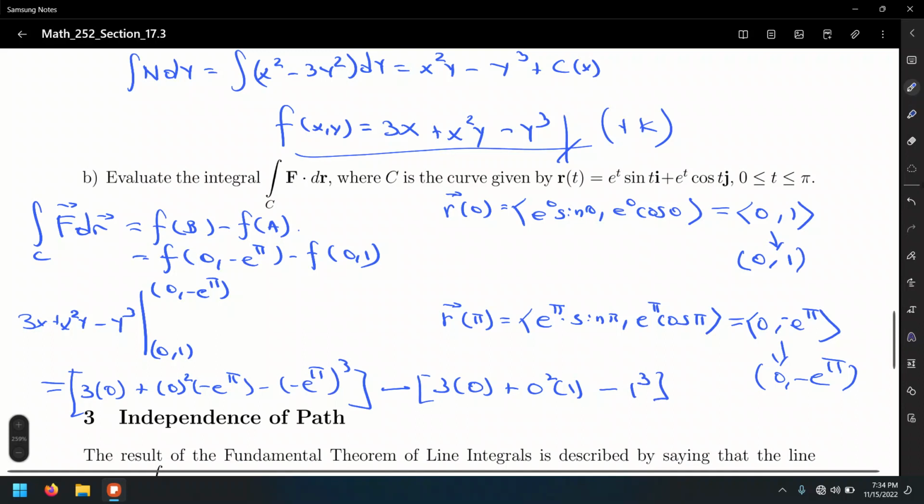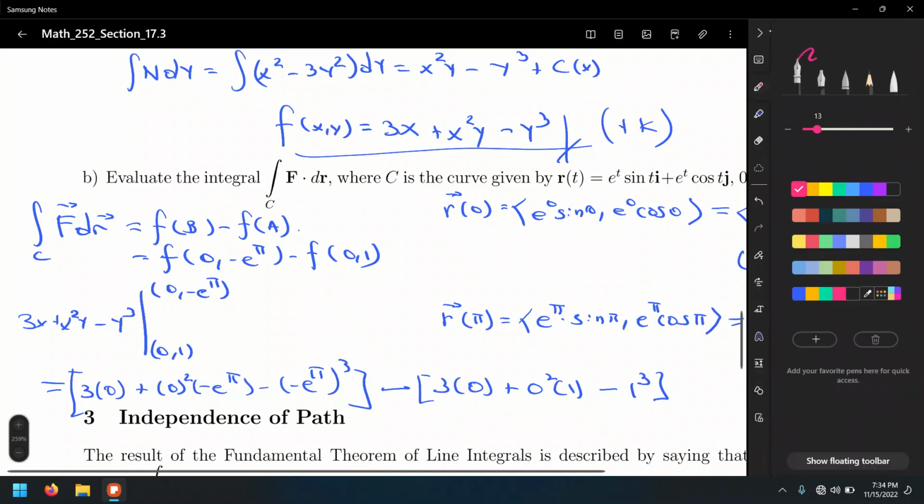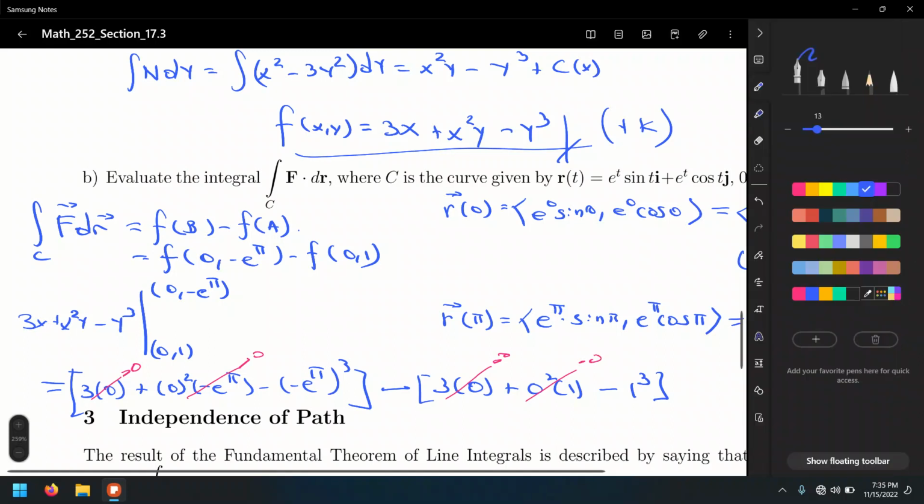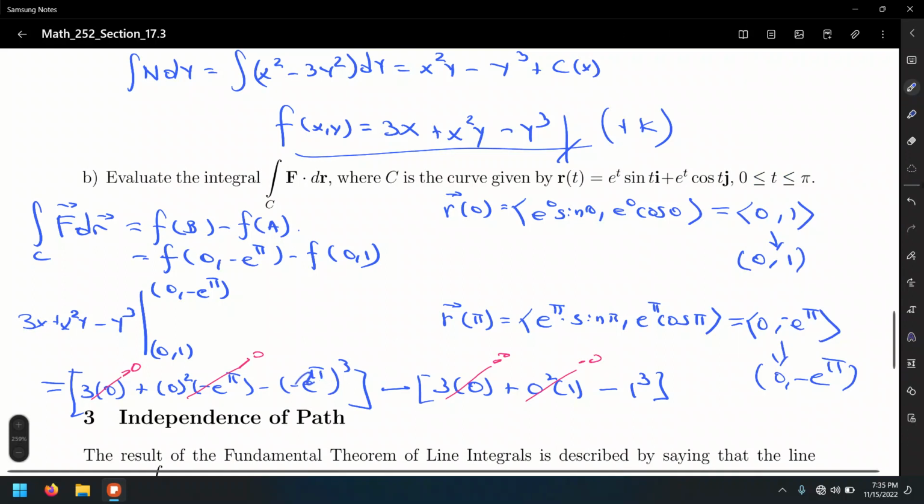And let's simplify this result. A bunch of terms go to 0, get zeroed out. That's the first term, that second term, this term, and that term. So we will be left with only 2 terms in here, but be careful because this negative quantity is being cubed. When we're raising to an odd power, the result remains negative.